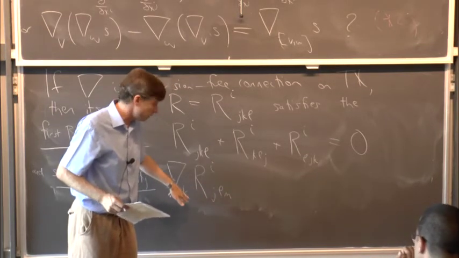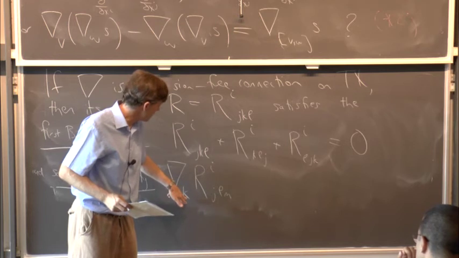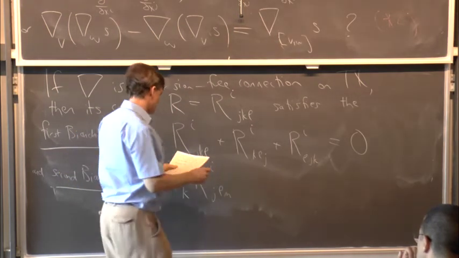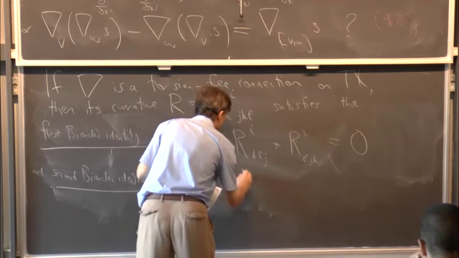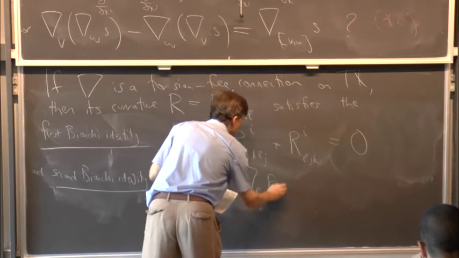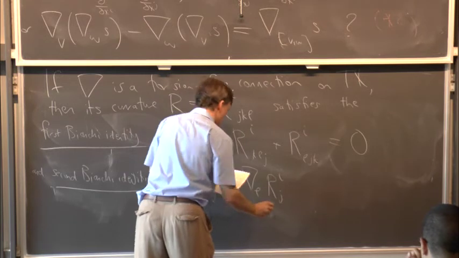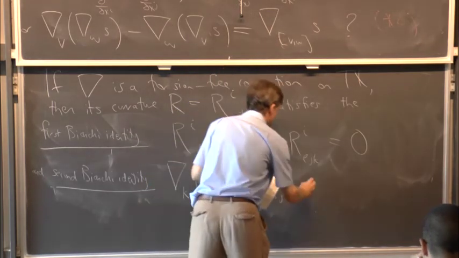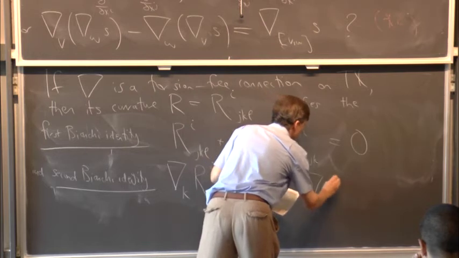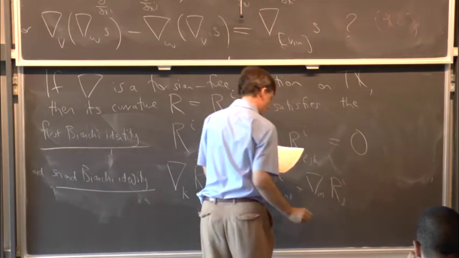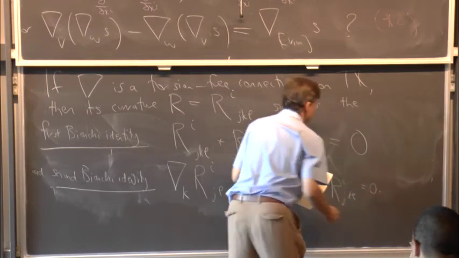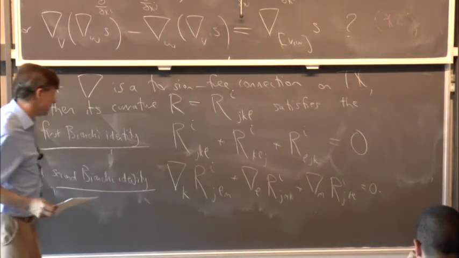We're going to cyclically permute over the 3 indices, this derivative here and the last 2. So this plus nabla_L R^I_{J M K} plus nabla_M of R^I_{J K L} is equal to 0. Okay, so this is in index notation.